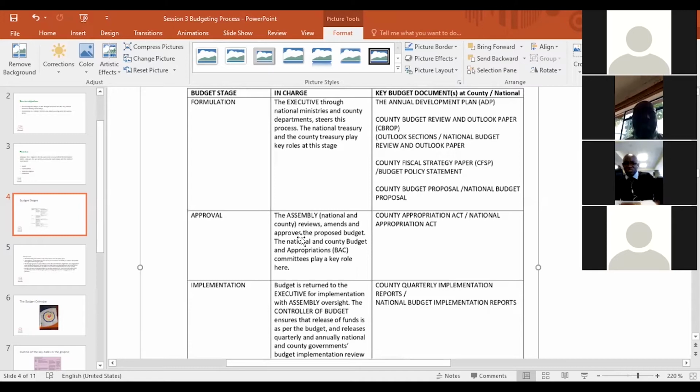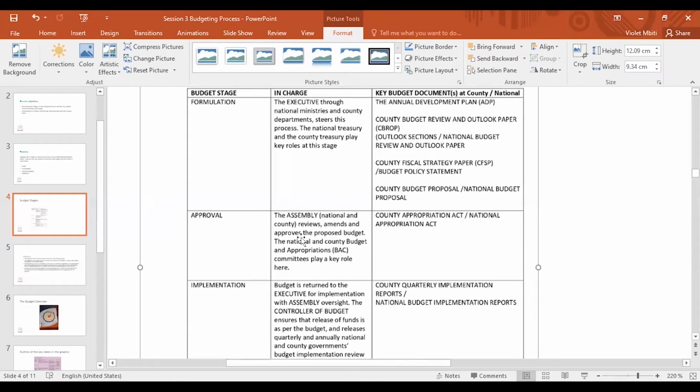Yes. So the citizen engages from the very beginning. That is why you find that even during the preparation of the County Integrated Development Plan, members of the public had to participate.